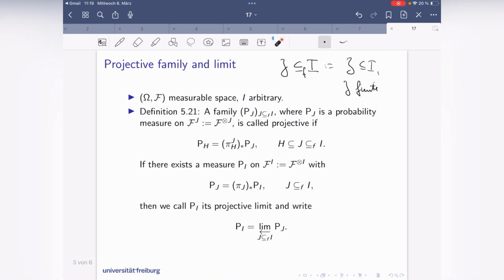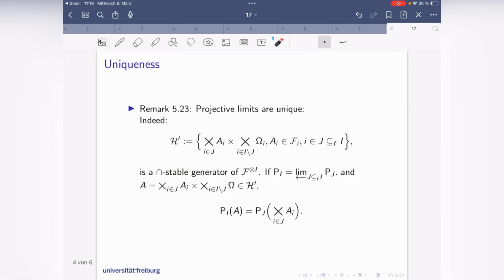The projective limit here is a measure. When is a measure unique? We had a result, I don't remember the number, you could look this up. It said that if you have an intersection stable generator of the sigma algebra where two measures live and they agree on this generator, then they agree on the whole sigma algebra.